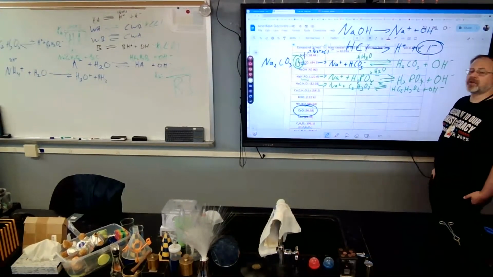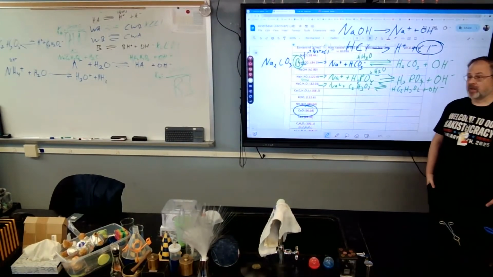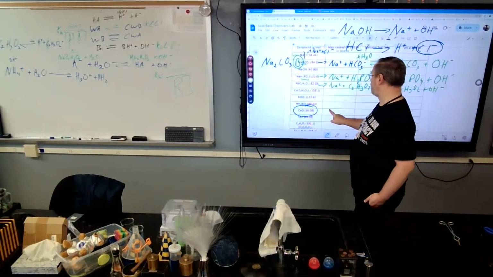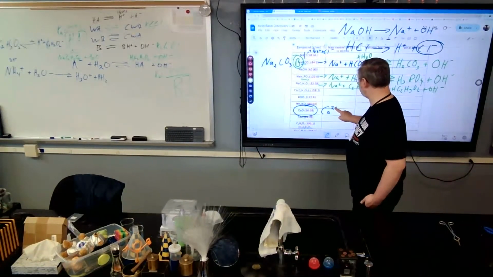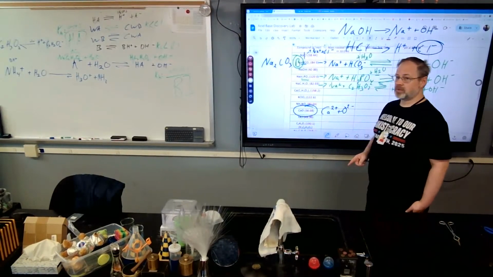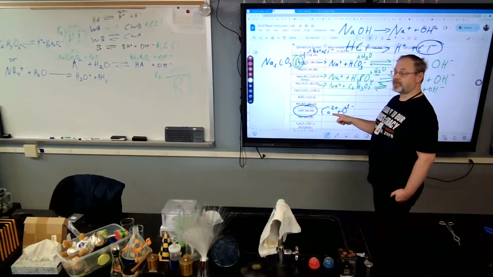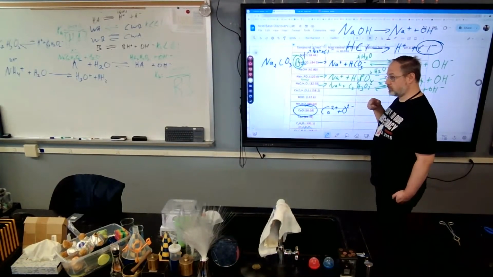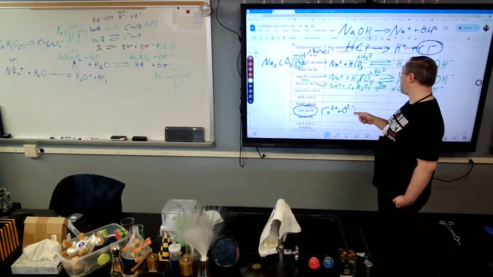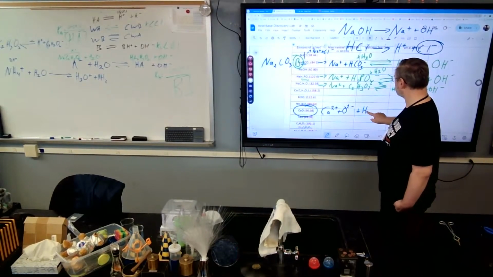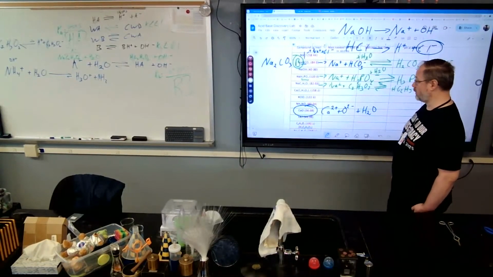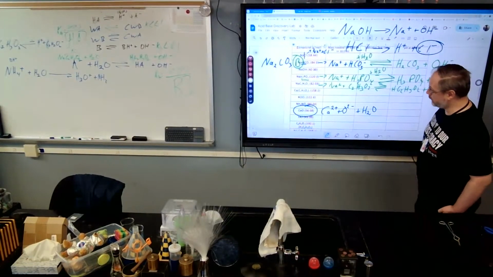If you put calcium oxide in water, the oxide ion is less stable than the hydroxide ion. So Ca2+ and O2-. The calcium part is going to be neutral, since it is the conjugate of a strong base. But if you add this to water, the oxide really doesn't want to be there.